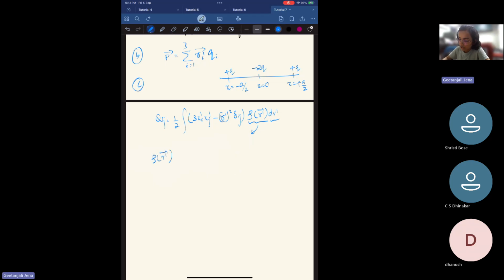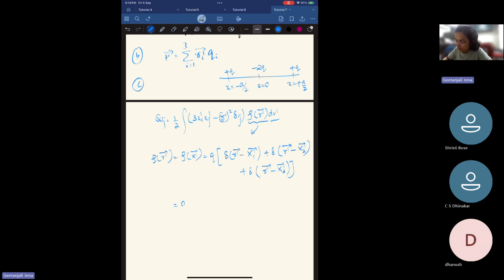So rho r, or rho x prime to be exact, for the one-day case. So this is q delta r prime minus x prime. Let's say this is x1 prime plus delta, x2 prime plus delta, x3 prime. x1, x2, x3 prime is already given.